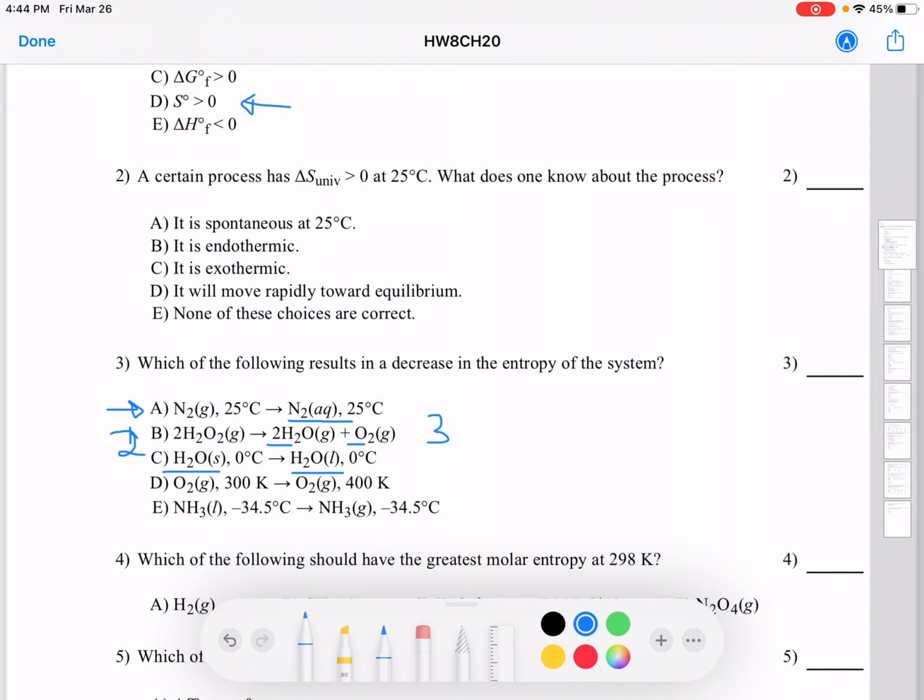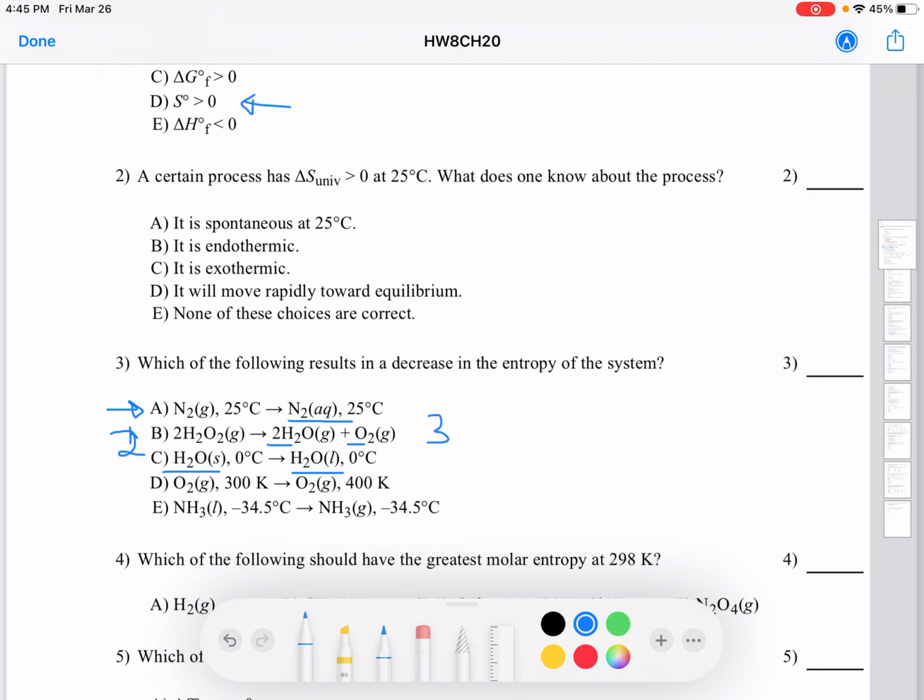And D, oxygen gas at 300 Kelvin giving you oxygen gas at 400. We also learned that as the temperature increases, entropy increases because the particles have more kinetic energy, so they can move more rapidly and can have more space between them if you can expand the volume.